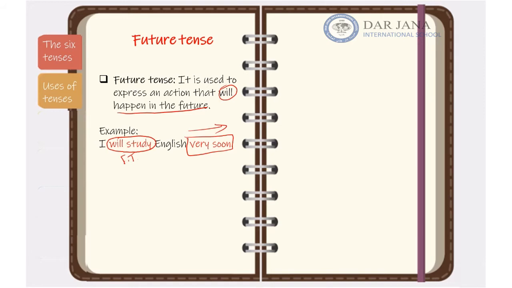Again, if you want to use the timeline, this is the future, that's the past, that's the present. So this is used to express an action that will happen anytime in the future. It can be here, or here, or here, anytime in the future, which is in this case very soon.